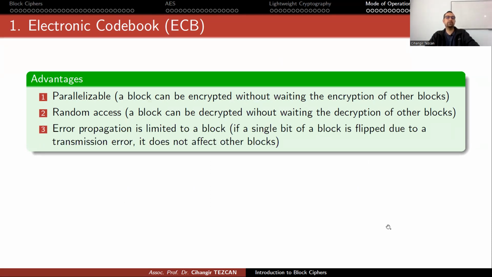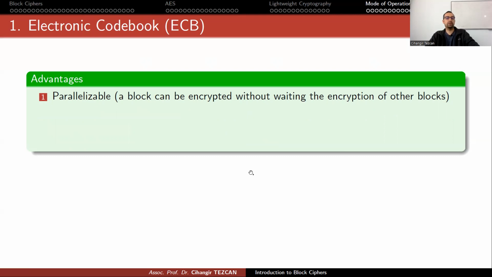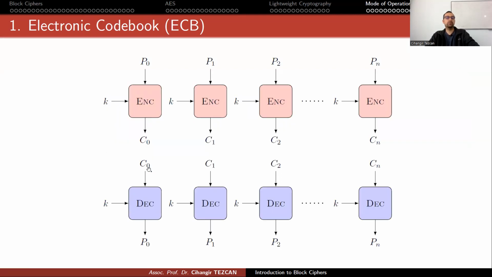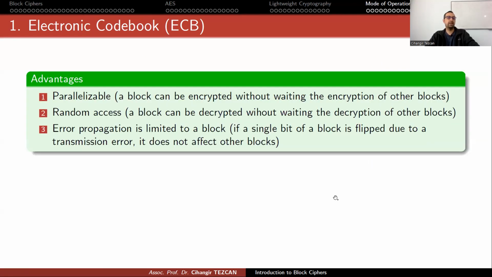This means that if a single bit of a block is flipped due to a transmission error, it does not affect other blocks. So assume that you send C0, but there was a problem during transmission. When the person decrypts it, P0 will be something completely different, but it wouldn't affect the results of other blocks. This is why we say error propagation is limited to a single block.